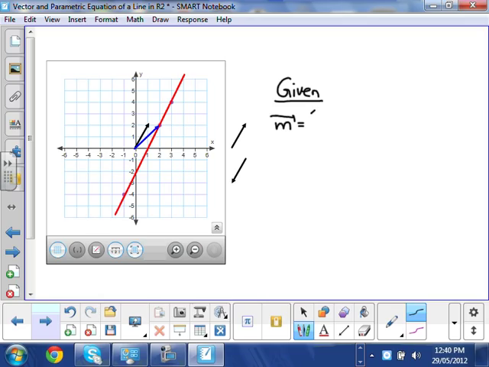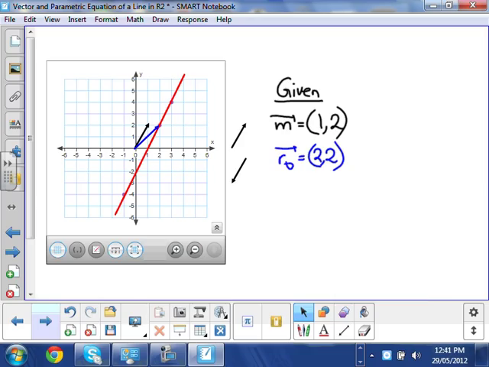What are the coordinates of this vector? 1 and 2. So this is my direction vector. I'm going to give you a position vector r0, which is nothing else but 2 and 2. So I'm giving you these two vectors.